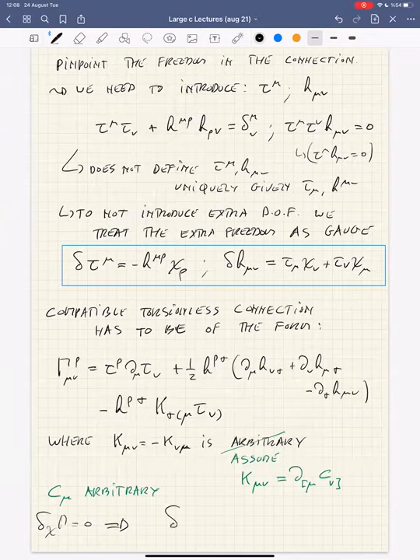So I get here that delta C mu has to be chi. So I have this extra gauge transformation that I also have on C just to guarantee that the connection is invariant, so that I really didn't introduce any extra degrees of freedom.